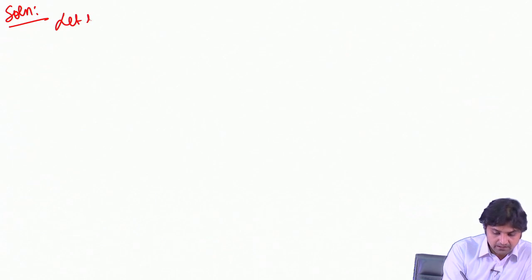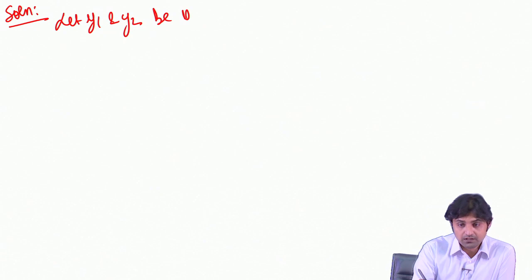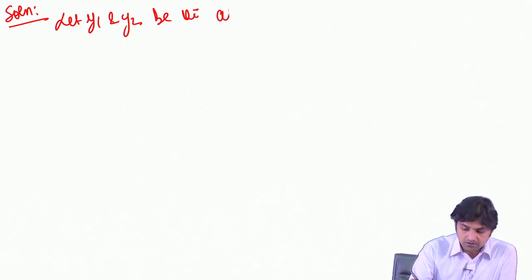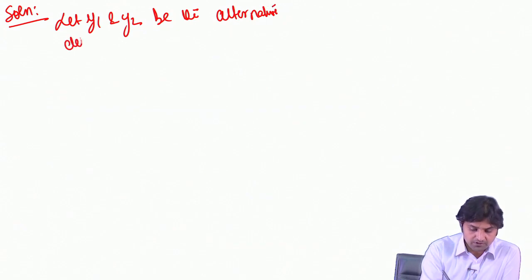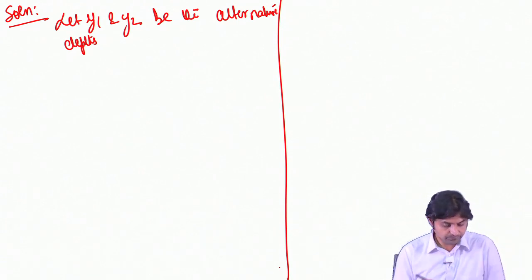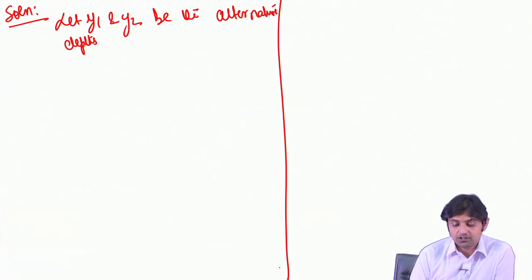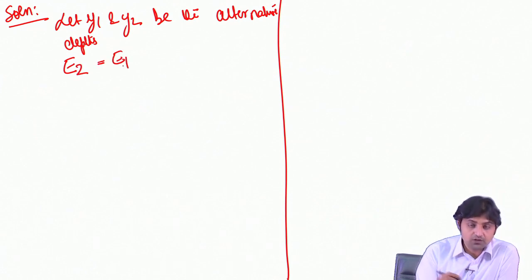Let y1 and y2 be the alternate depths. You remember this concept was given in specific energy, and the specific energy in those cases should be equal at section 2 and section 1.